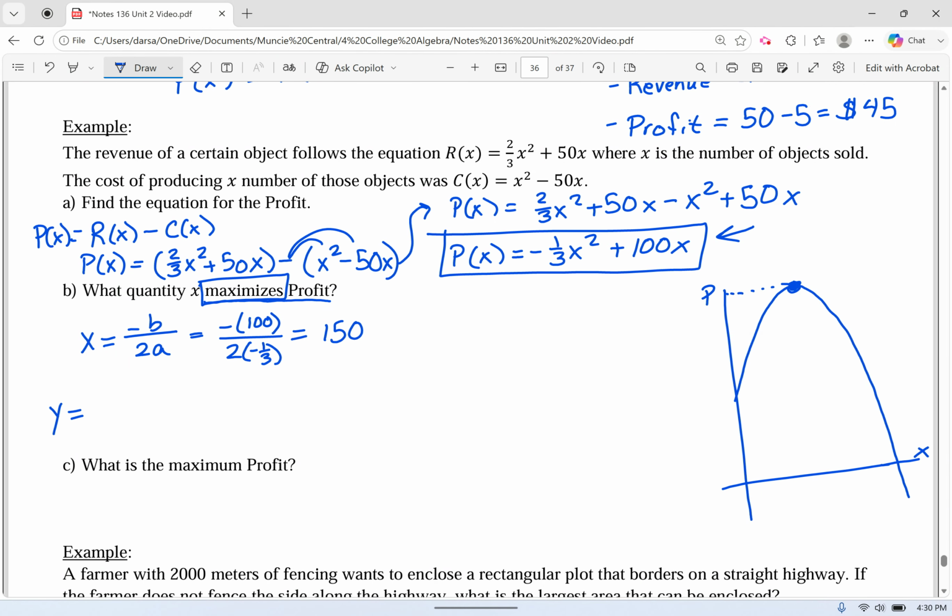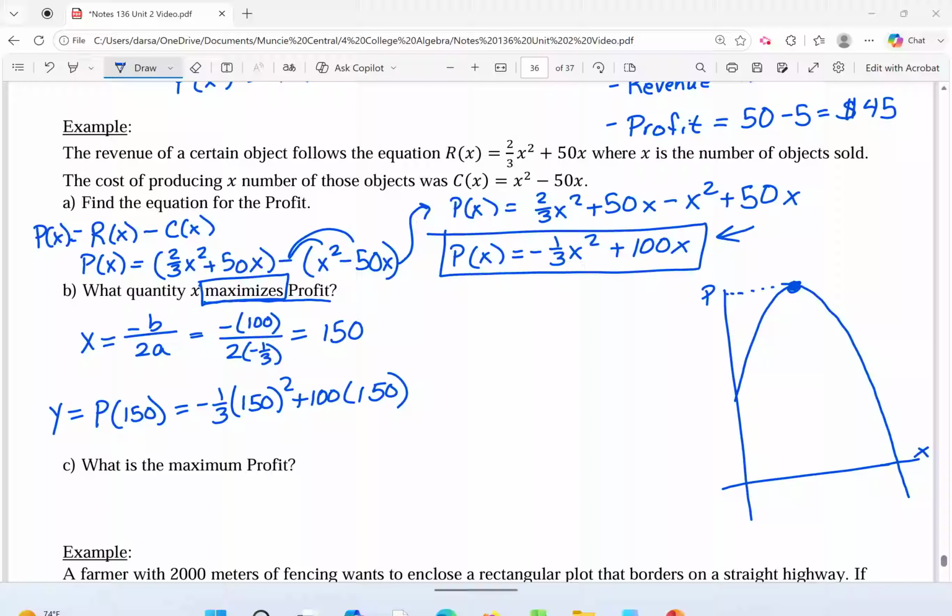Remember, the y of the vertex is plug that back in to the original function. So negative 1/3 times 150 squared plus 100 times 150. Let's take a minute and put that in our calculator.